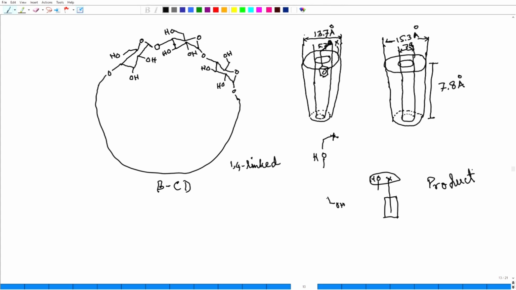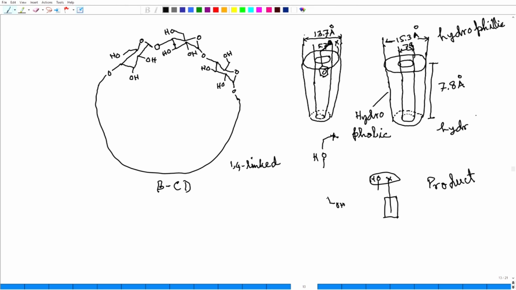This is one example. There are many examples with cyclodextrin, I will try to do. So, this is a hydrophobic interior, and at the end is hydrophilic. Here is also hydrophilic.